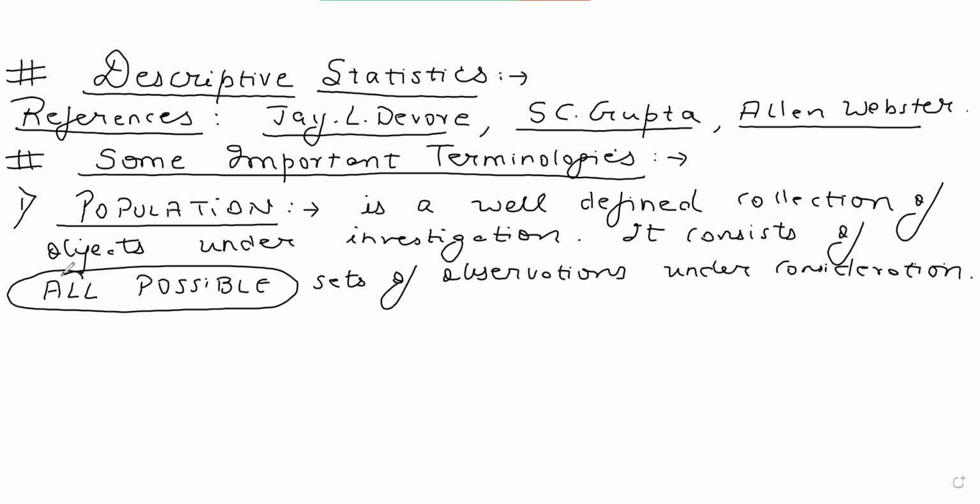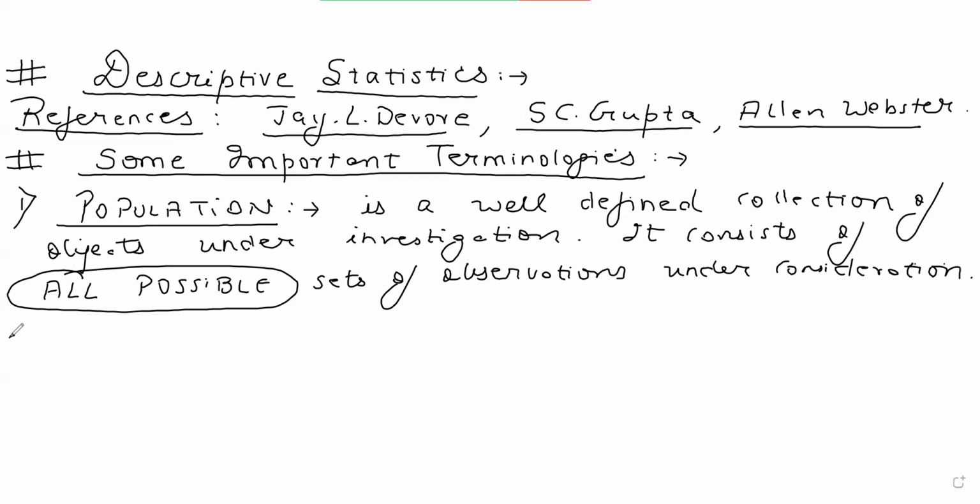If I have to check how students are performing at postgraduate level in economics, in the US or the UK economy, then my population is the set of all possible universities in that economy. So population is the set of all possible observations under study. You are not excluding any observation. You are taking into account all possible observations.